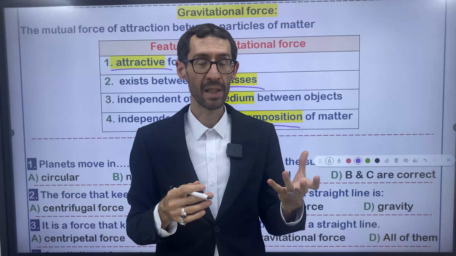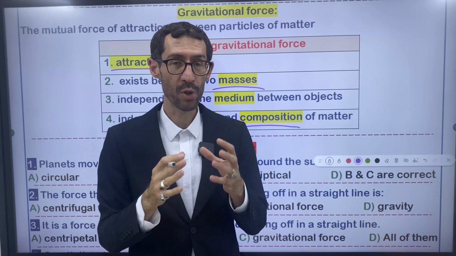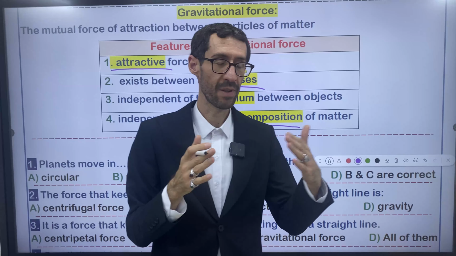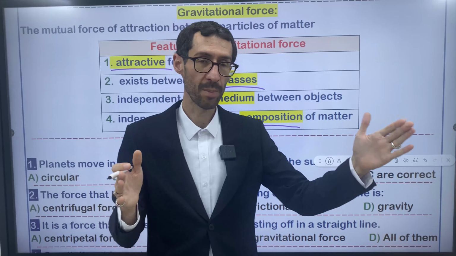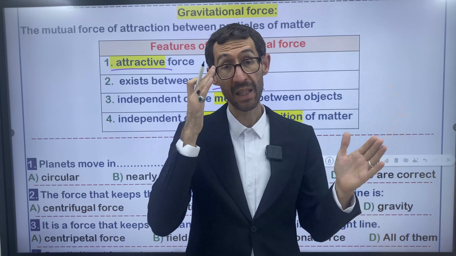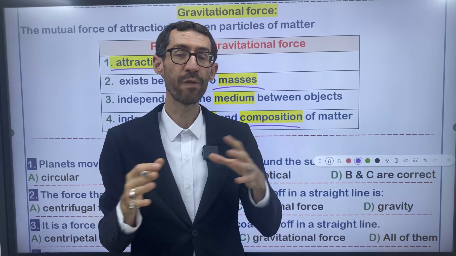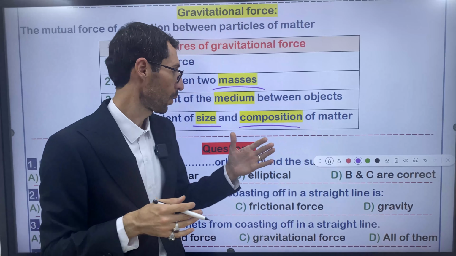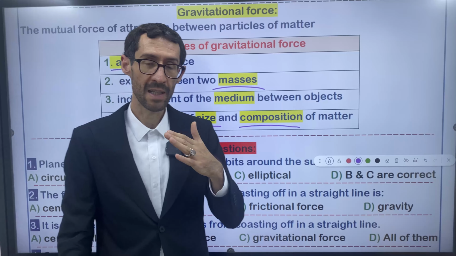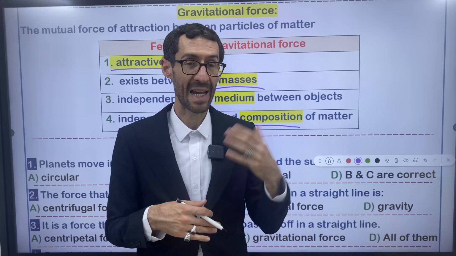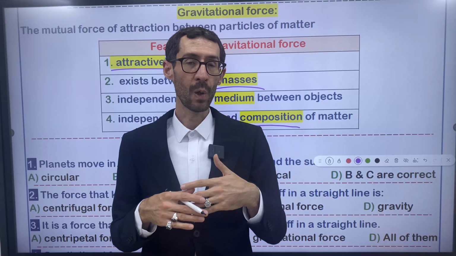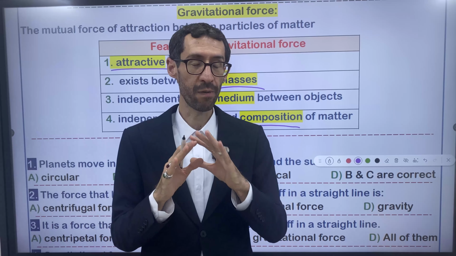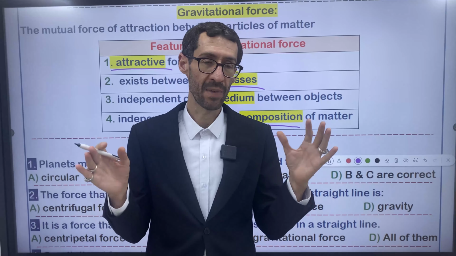And the composition of a terrestrial planet, especially the first four planets, is solid; they are made of rock. So whether the object is rocky, gaseous, or even liquid, it doesn't matter. Gravitational force exists between the objects.